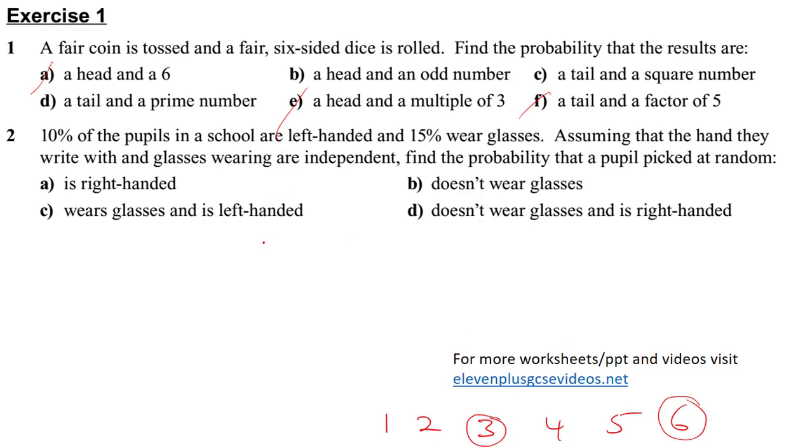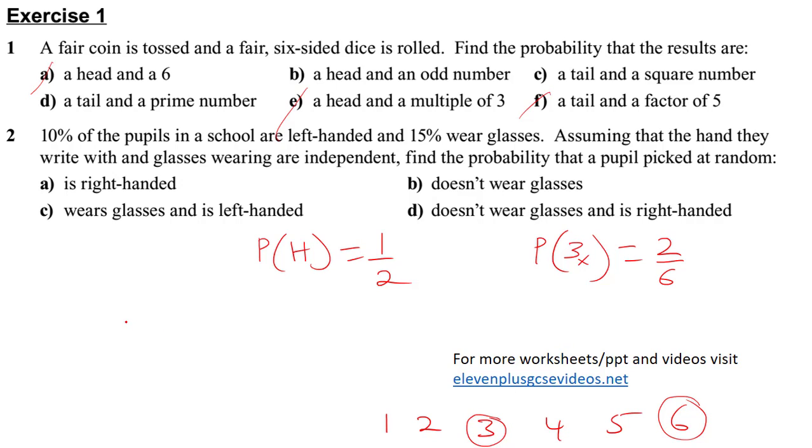With the coin showing a head, we know it's 1 over 2. And with the dice showing a multiple of 3, the 3 times table, there are 2 of them, so 2 out of 6. You can simplify that to become 1/3.